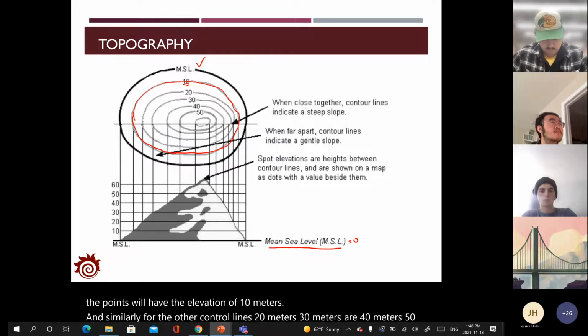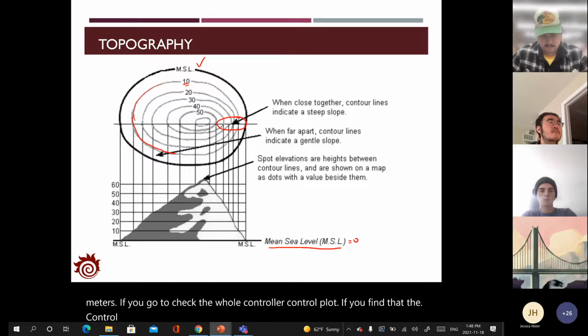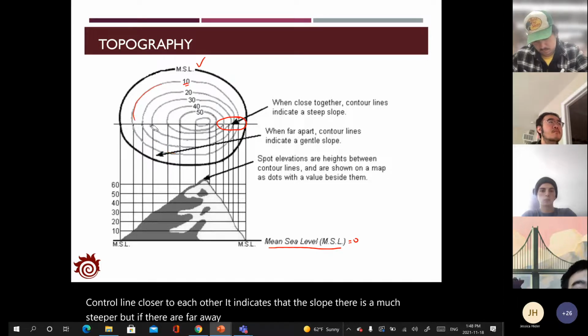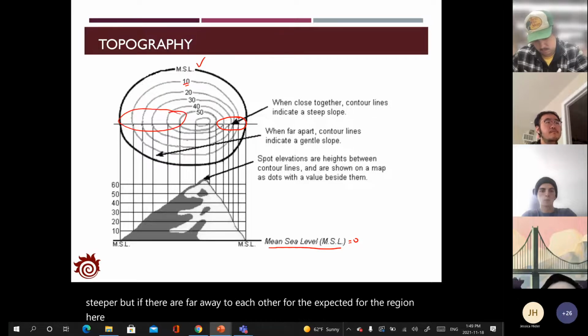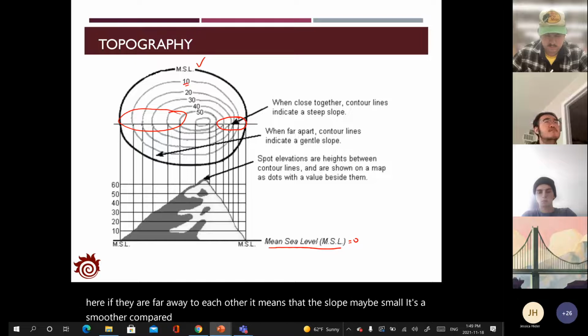If we check the whole contour plot and find that the contour lines are closer to each other, it indicates that the slope there is much steeper. But if they are far away from each other, it means that the slope may be small, smoother compared with the region with very close contour lines.